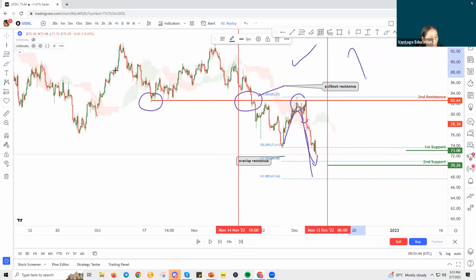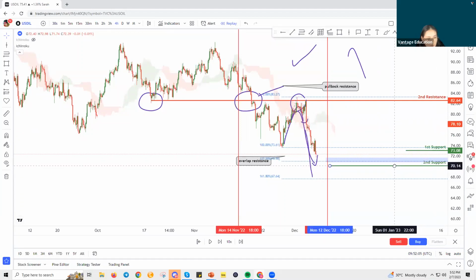Right? So our 127.2%, we can see that it lines up nicely with our second support here. So we can expect price to hit this level, this 127.2 level, if that's what you're asking, Jonathan. Yeah.